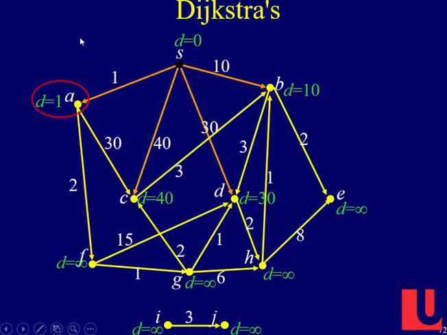its edges, right? The shortest path here used to be 40, but now it's going to be 1 plus 30 to give you 31, right? And what about this guy? It had infinity, so it's definitely an improvement to 1 plus 2 to give you 3, right? Everybody buy that? And then we take the smallest d value. And here, look at my colors.